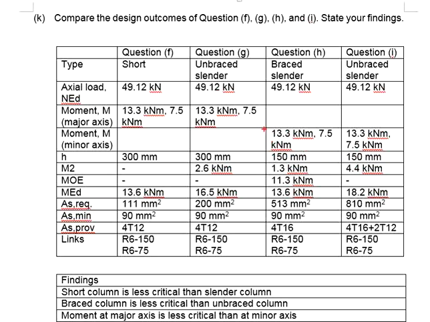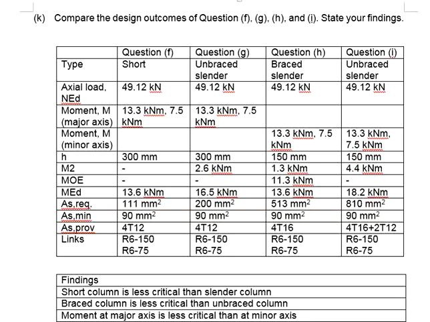Not to mention when we are talking about the bending in the minor axis against the bending in the major axis, because different MEDs give you different AS required. AS minimum has no change, the same equations being used, same requirement.